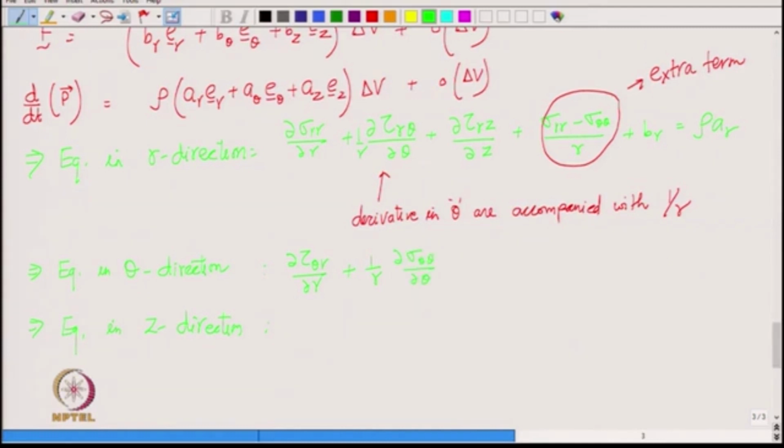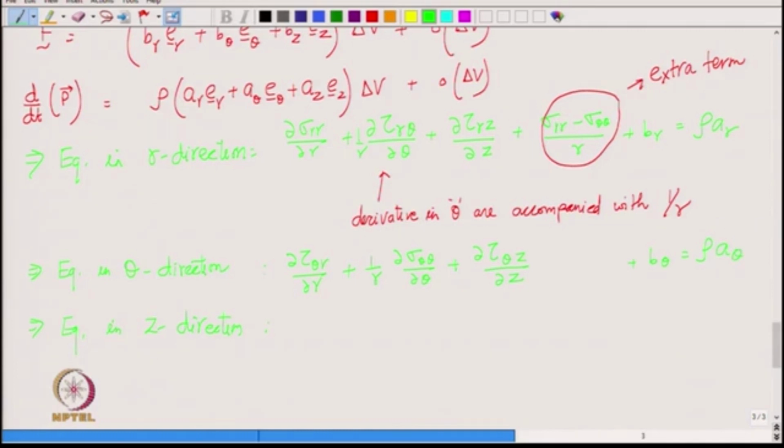See, again the derivative with theta is accompanied with 1 by r plus del tau theta z over del z. So, these are the usual terms, and we will of course look for the extra terms. Then we have b theta is equal to rho times acceleration in theta direction.